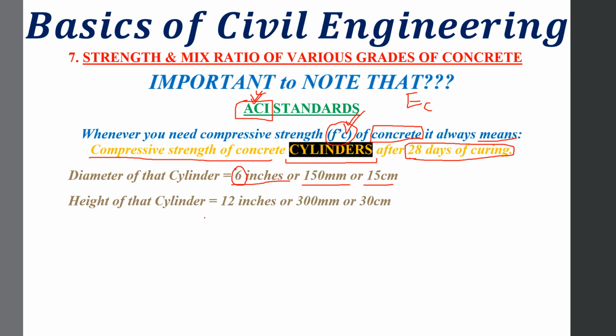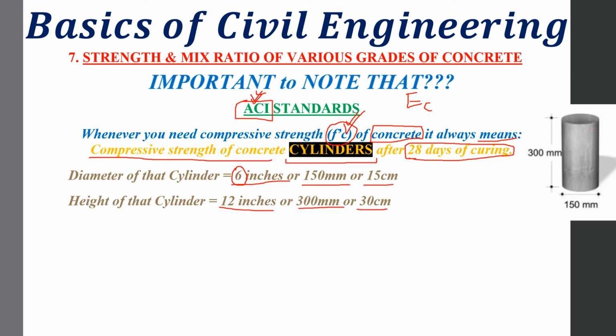The height of the cylinder H will be equal to 12 inches, 300 millimeters or 30 centimeters. You can see in the figure, this is the cylinder. The height of the cylinder is 300 millimeters, meaning 12 inches, and the diameter of the cylinder is 150 millimeters, meaning 6 inches or 15 centimeters.